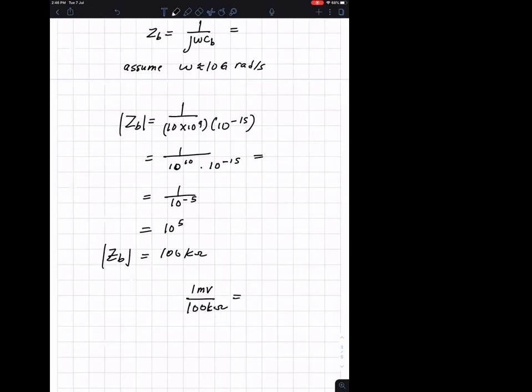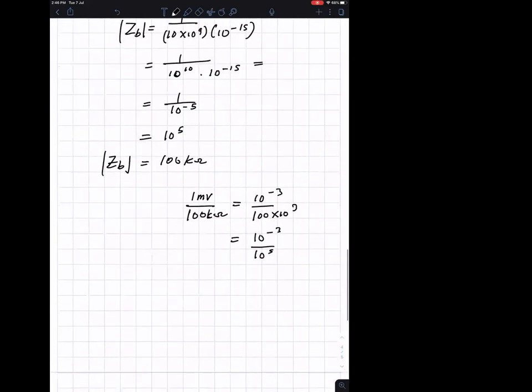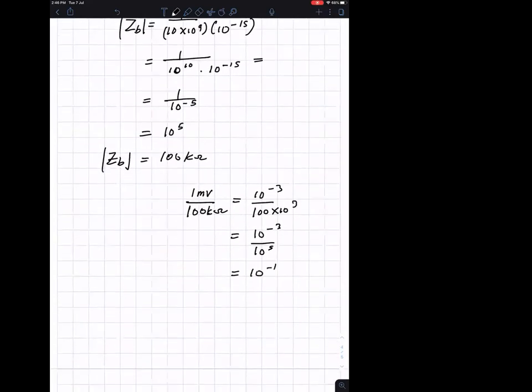These are just crude examples. 10 to the minus 3 divided by 100 times 10 to the power of 3, which is 10 to the power of 5. So that is equal to 10 to the power of minus 8.